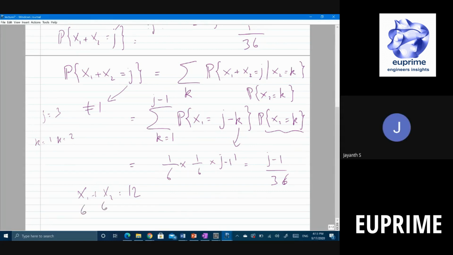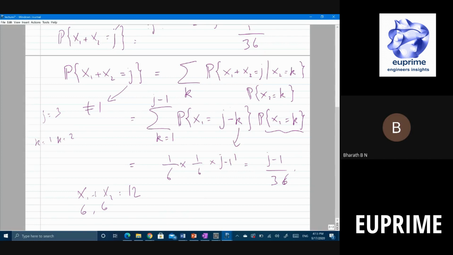So 1 by 36. So in the 10 cases, the probability of x1 assuming some value will be 0, no, sir? That we have not taken into account here, sir. The probability of x1 equals j minus k. So in 10 cases that probability will be 0.